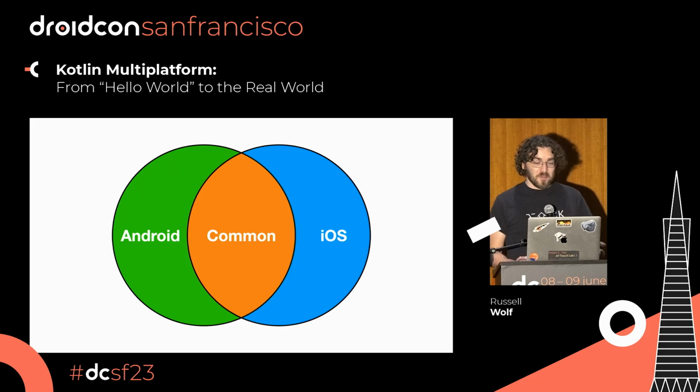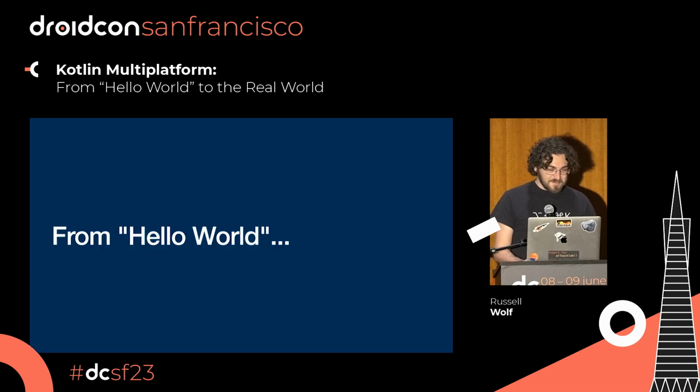And then the Kotlin multi-platform toolchain brings all of that together so that you can get this nice interop in your single project. And there's obviously, this gets more complicated when you have more targets, but the Venn diagram is too much to show on a slide. So we'll start with just that.